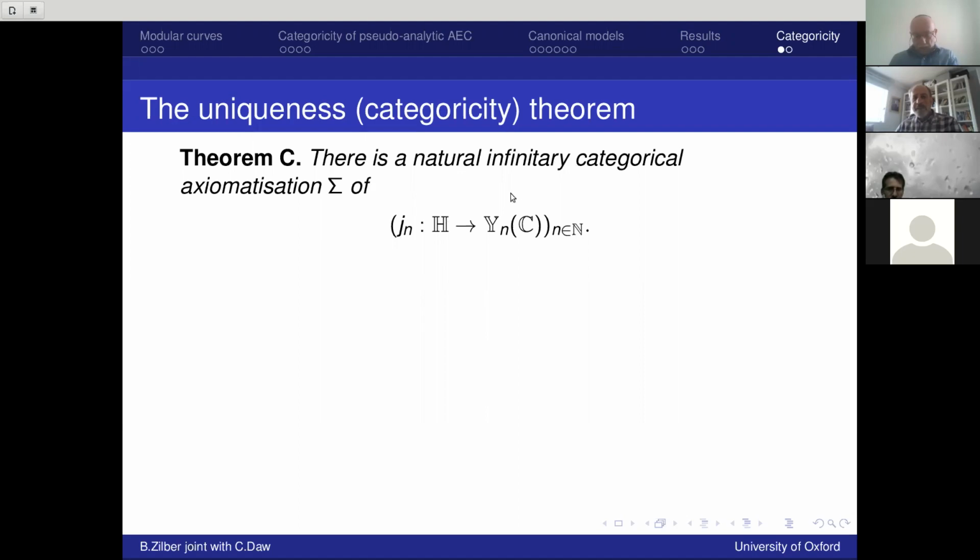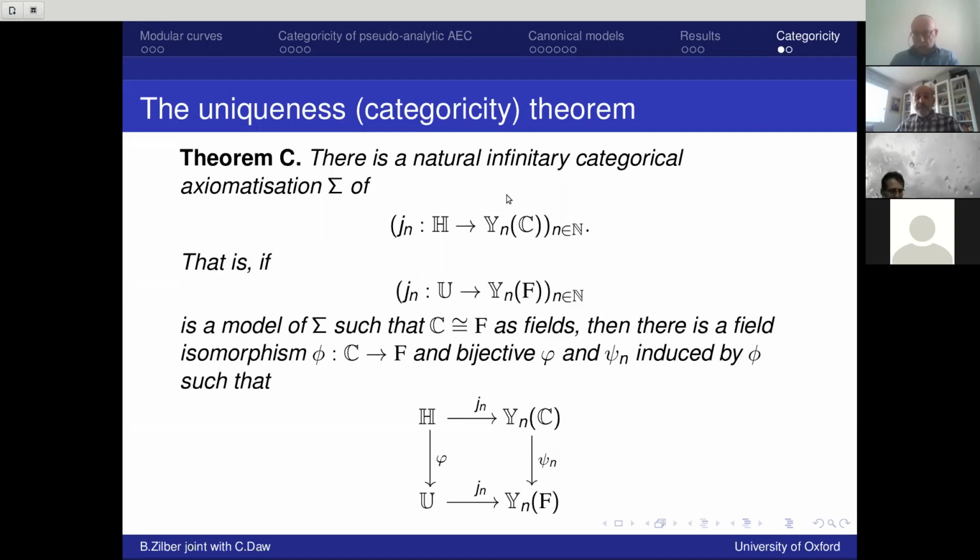And it gives an axiomatization of this object such that if you have any other structure of this same form that satisfies the same axioms, the same description, right? So this is another structure. Then, you know that the field here is abstractly the same as the field here, so they are isomorphic as abstract fields.